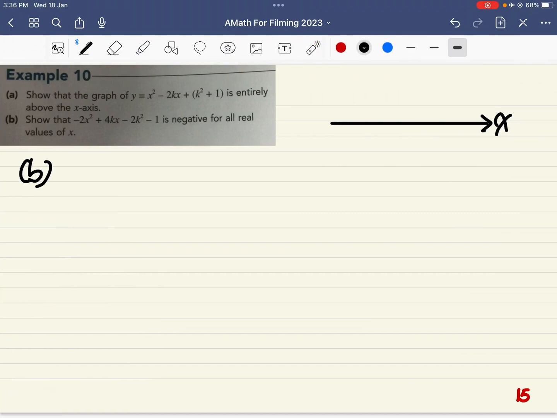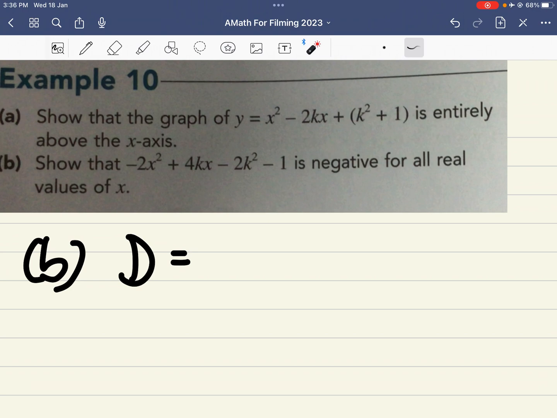Let me do B now. For part B, show that this expression is negative for all real values of x. Let's just go slow here. My a value is negative 2, my b value is 4k, and the c value is everything else, which is negative 2k squared minus 1.